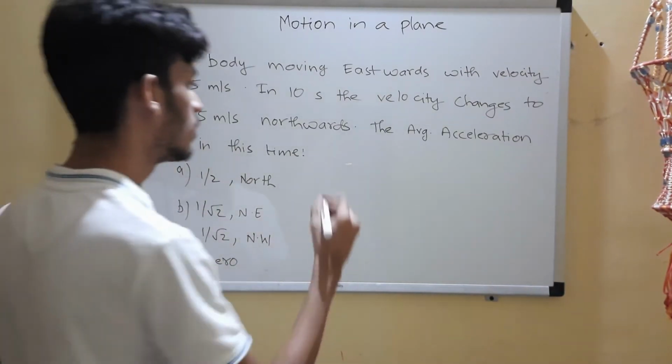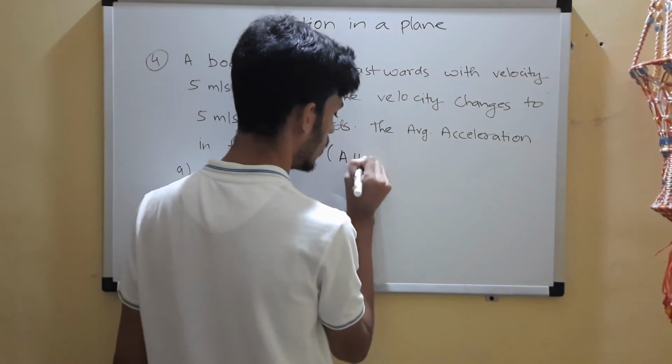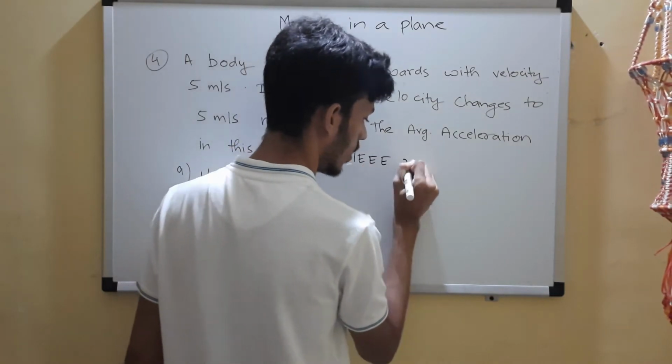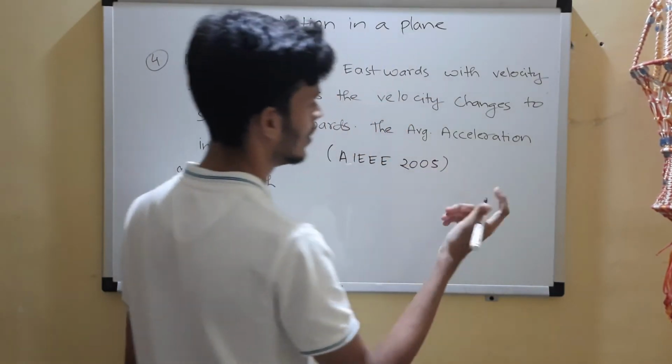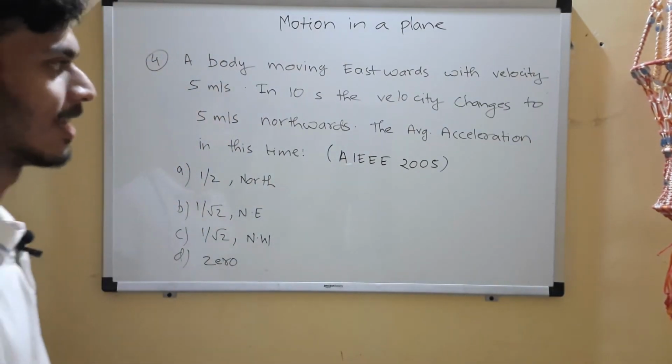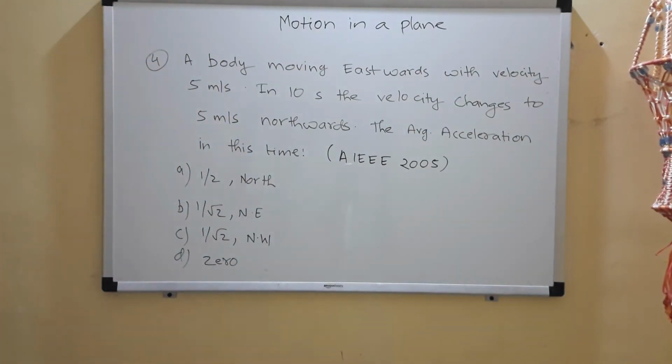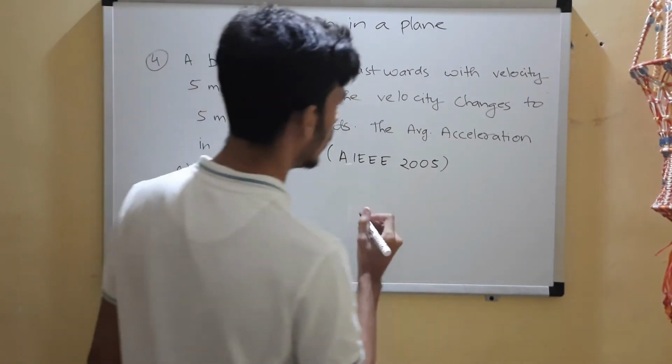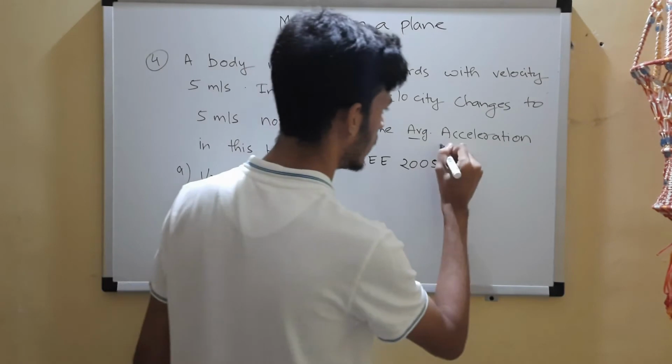Here is question 4. It is an AIEEE 2005 question, okay? So this has a tinge of concept in it, so you can give it a genuine try. Actually, this will test how well you know your vectors. So I'm doing it now. They have asked you for average acceleration, right?